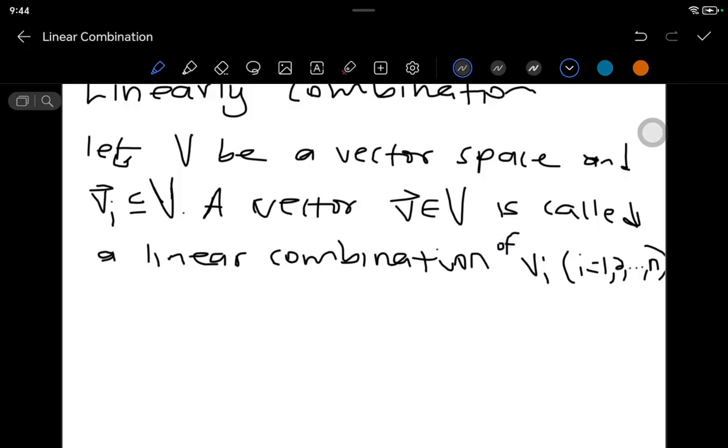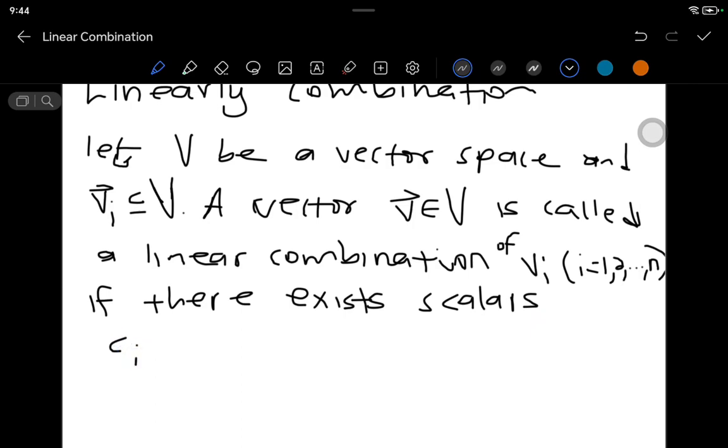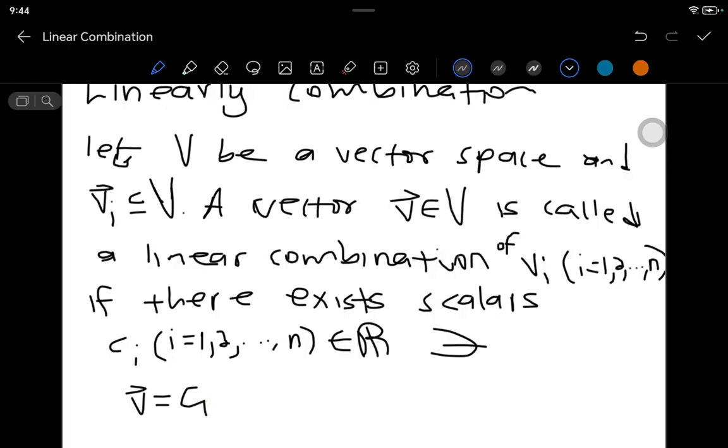If there exist some scalars, we're going to say ci, such that i equals 1, 2, up until n, and these should be elements of R. This should strictly be taken from the real numbers, such that V can be expressed in this manner: c1 V1 plus c2 V2 plus up until cn Vn.